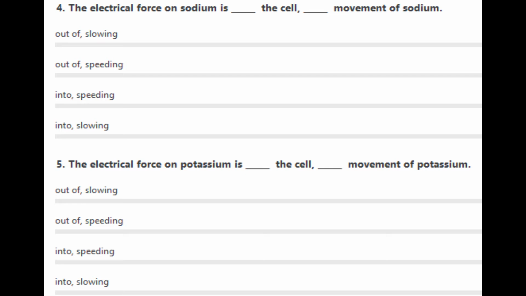So it's into the cell, which is the opposite of our chemical driving force from question number 2, which means that because our chemical driving force and our electrical driving force are in opposite directions, the electrical driving force is basically slowing down the movement of potassium.